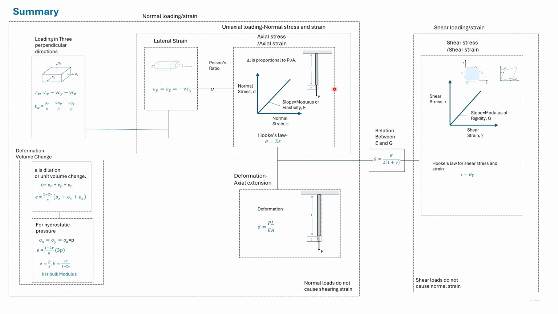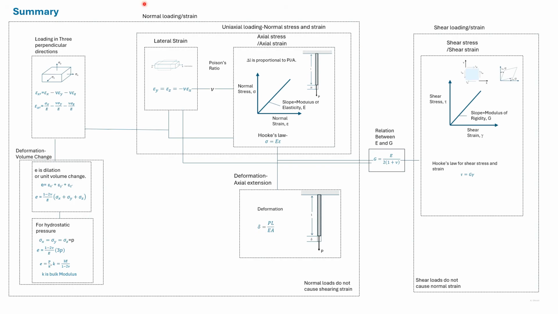Now, using Hooke's law, we can find axial extension or reduction. The modulus of elasticity predicts the material behavior, and knowing the stress acting on a bar and the length, we can predict the extension or the reduction in length of the bar.